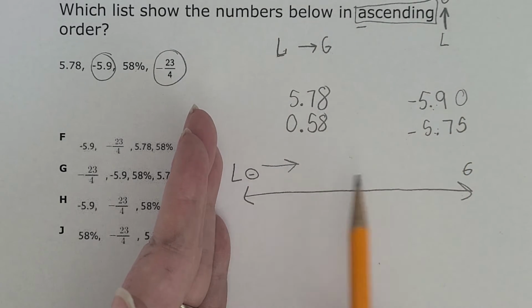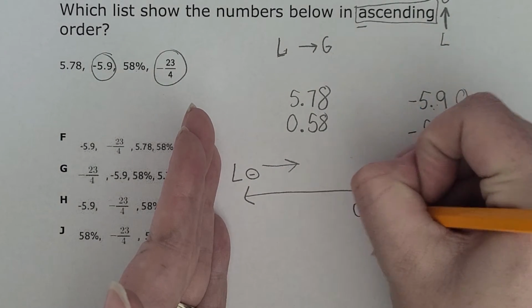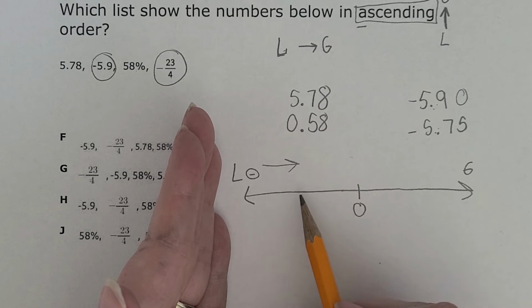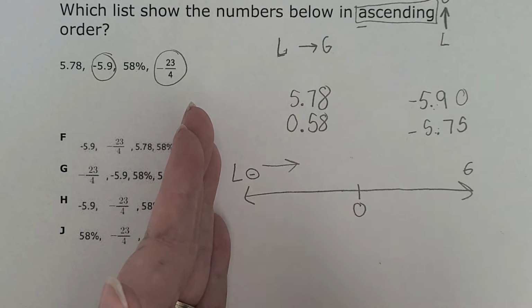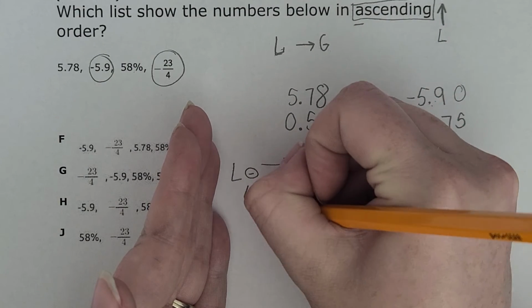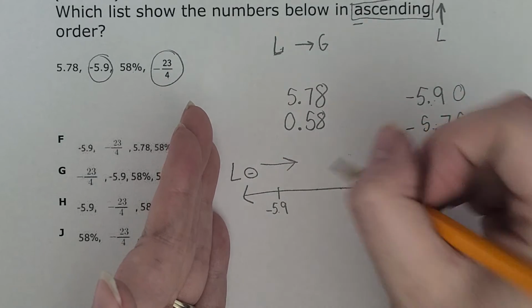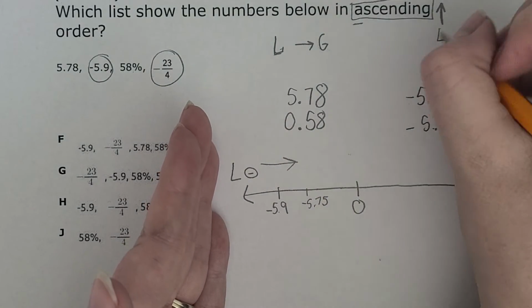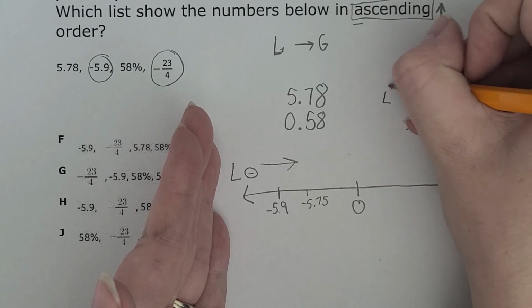Because for negatives on a number line, negative 1 is greater than negative 2. Okay, it flips. So negative 5.9 is going to be farther to the left than negative 5.75. So negative 5.9 is your least.